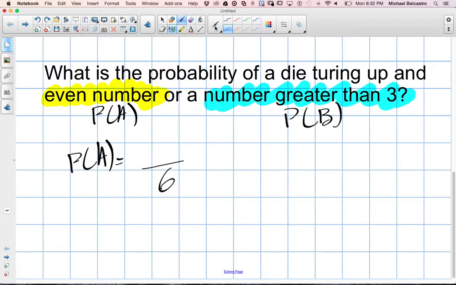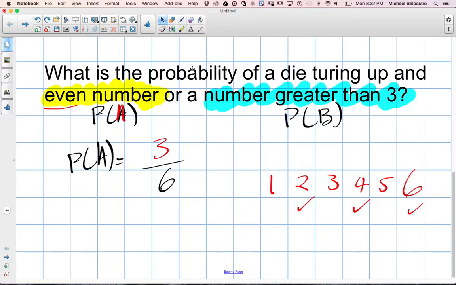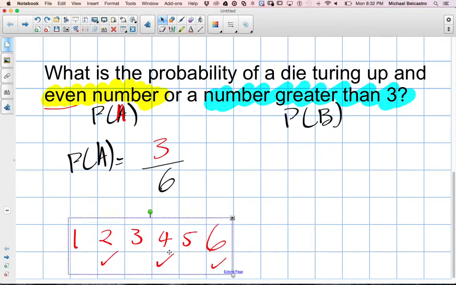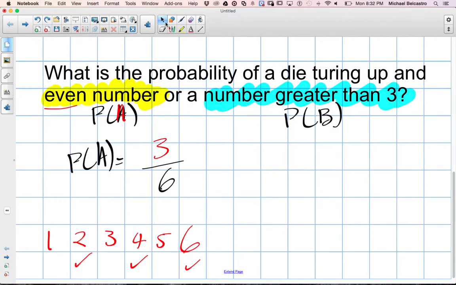If we look at our options on a die, you have 1, 2, 3, 4, 5, and 6. They're looking for even numbers, so you've got 2, 4, and 6. So you've got 3 possible options for the first probability. Does that make sense? Okay, that works out nice. Our second probability, of event B, we're looking for numbers greater than 3.